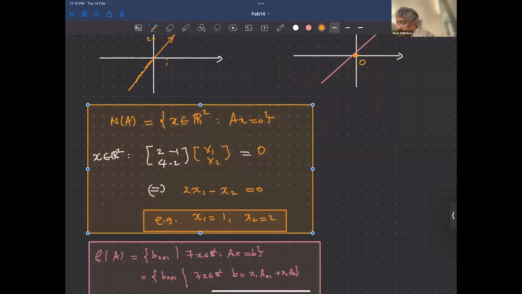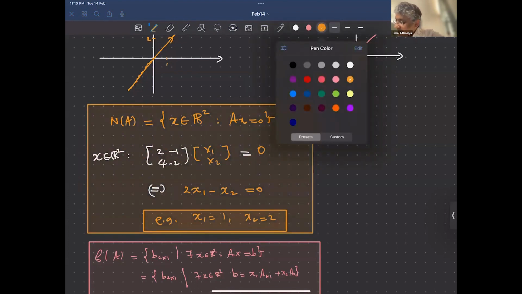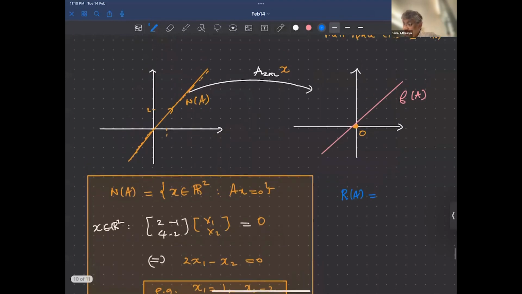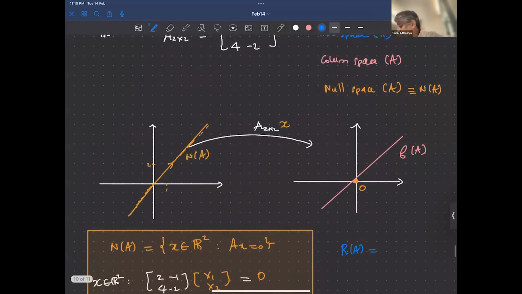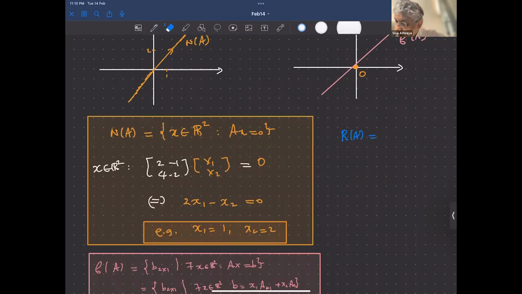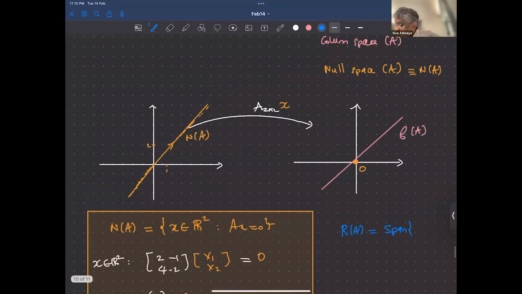So let's do what the row space of A is. What is the row space of A? The row space of A is the span of the linear combinations of the rows of A. So the rows of A, I'll think of them again as column vectors. So it's the set of all vectors, the span of the vectors 2 minus 1 and 4 minus 2.